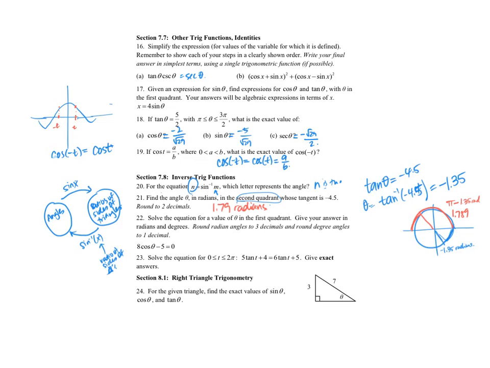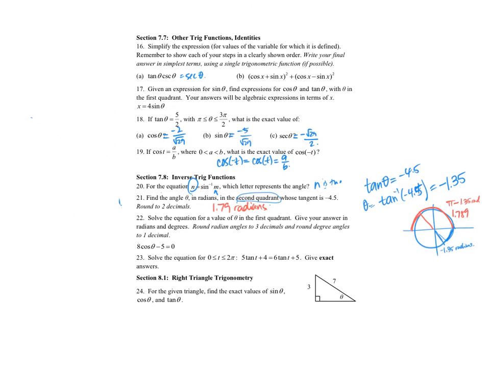Solve the equation for a value of theta in the first quadrant. I want the answer in radians and degrees. Round radian angles to 3 decimals and round degree angles to 1 decimal. So if I manipulate this, I can add the 5 over and divide by 8, so I get cosine theta is equal to 5 over 8. And I want it to be in the first quadrant.